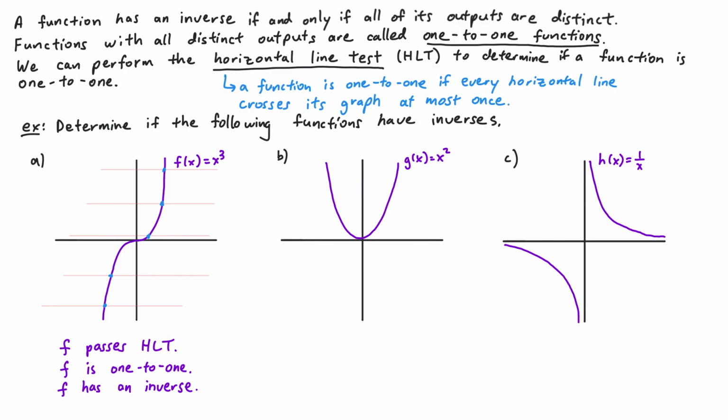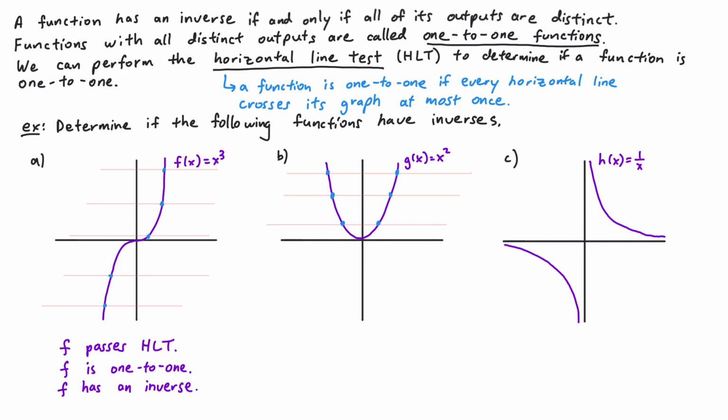In example B, we have the function g of x equals x squared. And once again, we'll perform the horizontal line test by drawing horizontal lines through our graph. We see here that each of these horizontal lines cross our graph more than once. For example, let's look at this middle horizontal line. It has two crossings.